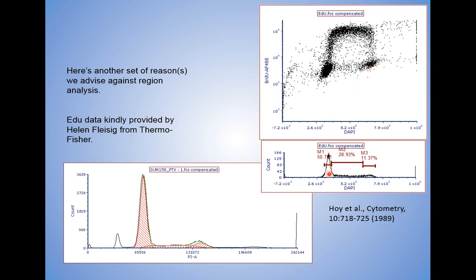What is this doing? This is taking the entire swath of events from here all the way up here and assigning them statistically to this M1 or G1, G0 in region analysis. That's the error. It's including cells that should not be included. Region analysis is assuming these populations are discrete and separate, and they're not.